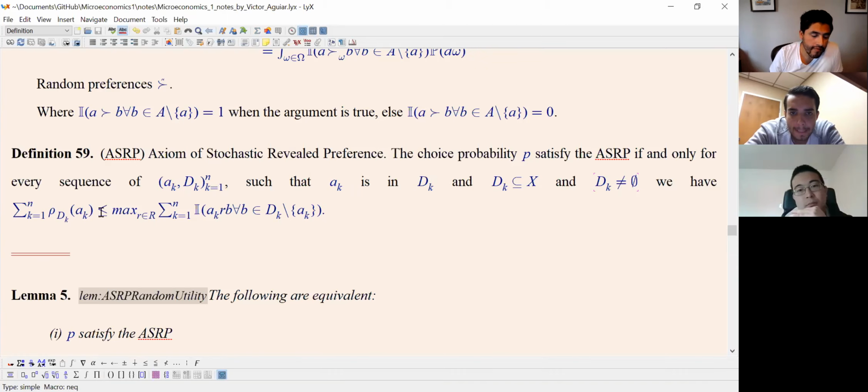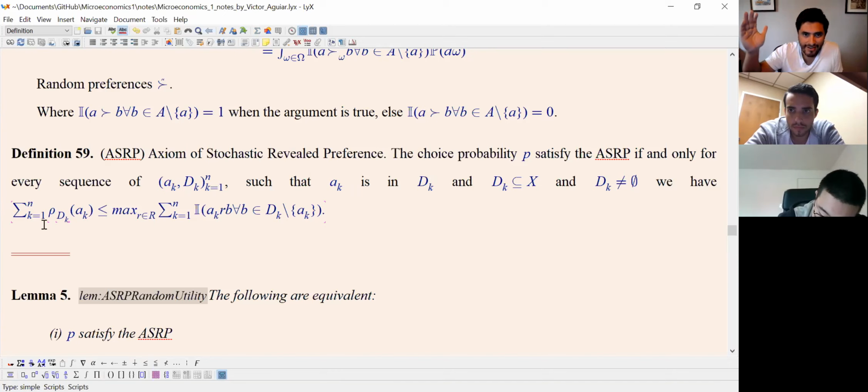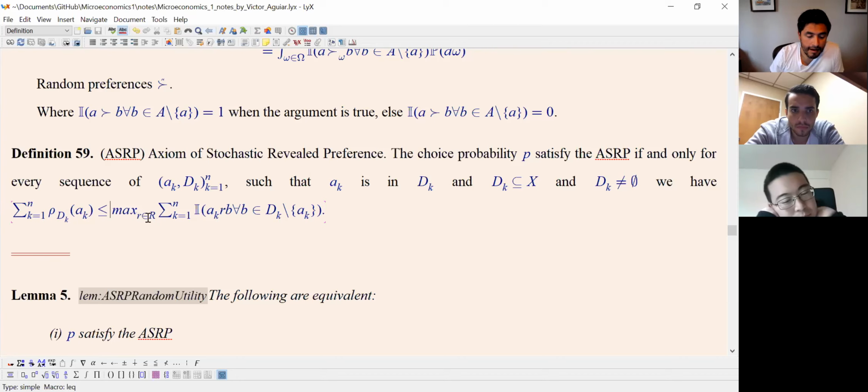Then we have the following. If I take the summation of these probabilities of a small item A_k in the menu capital D_k over the sequence, right? I can have an infinite sequence. This has to be dominated by the maximum over what? Over the set of all preference types. So I pick one ranking out of all preference types. In the case of 2, I pick one of the 2: either A is better than B or B is better than A. In the case of 3, it is one of the 6.